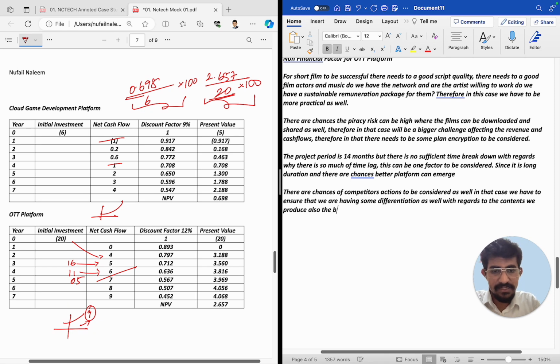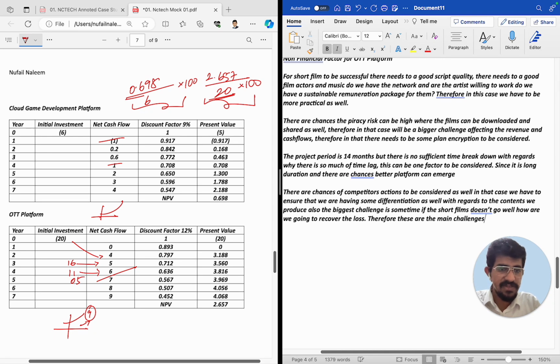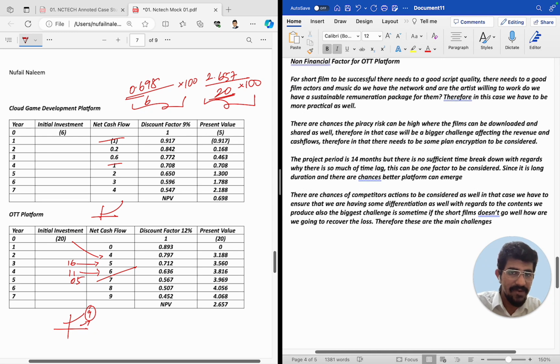Also, the biggest challenge is sometimes if the short films don't go well, how are we going to recover the loss? Therefore, these are the main challenges. Students, I believe this is very practical, very clear for you all at the moment.